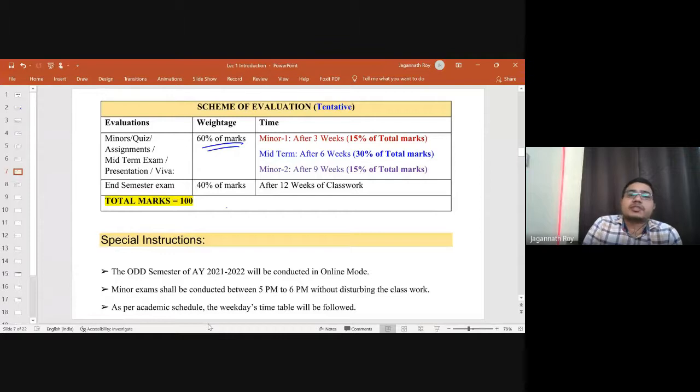For 60% internal, it is divided into 3 parts. One is called minor, one is called midterm, another is minor 2. Or you can call it a quiz, assignment, or minor, anything. Depending on the situation, we will work on it.